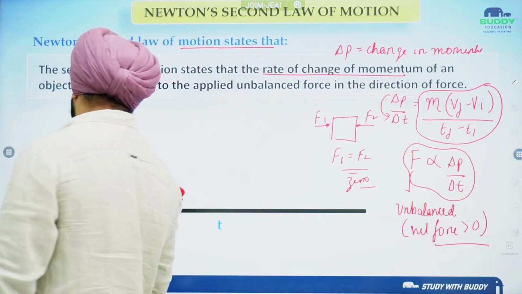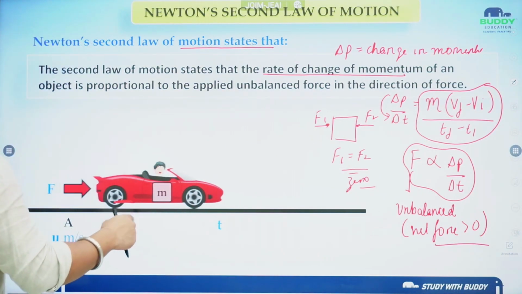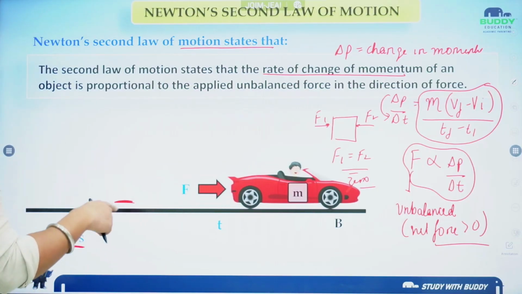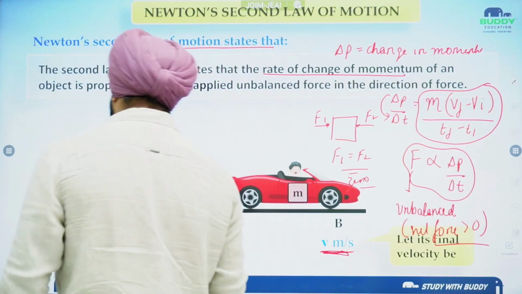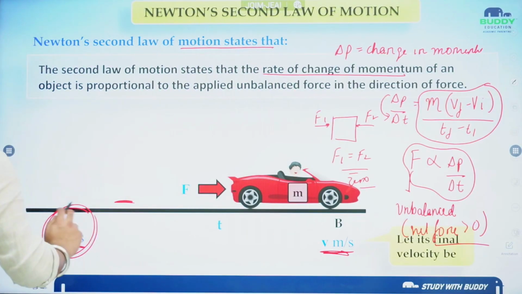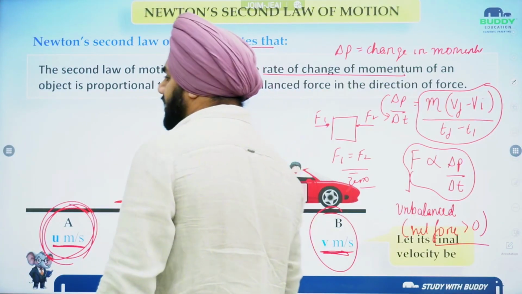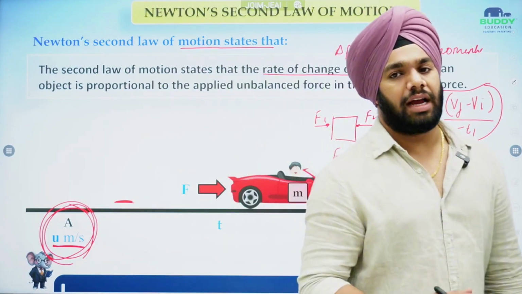So in time t, suppose the force was acting, then the velocity at point B became v meter per second. So this is the initial velocity at A, this is the final velocity at B. This is changing because for a particular time interval there was a force acting.